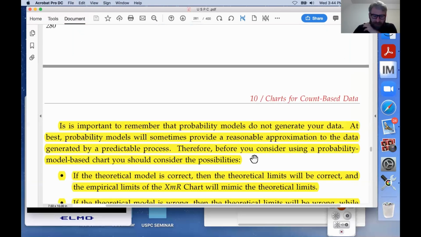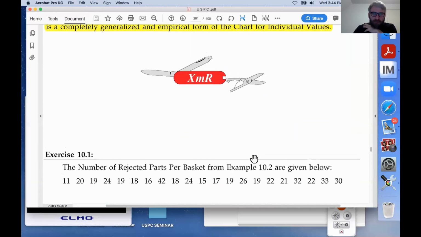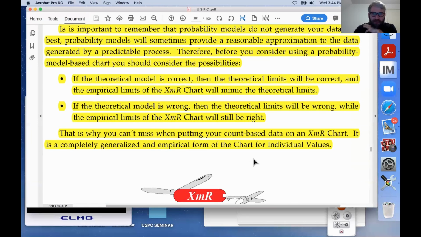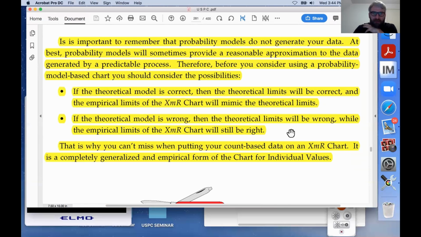But sorry, I don't understand why you would choose to use a P or NP or U chart, because you take the risk that the data are not homogeneous. Why would you do that? Okay. If you do have data that seem to qualify as binomial or Poisson, same kind of problem, I just haven't talked about it. It's in the book.